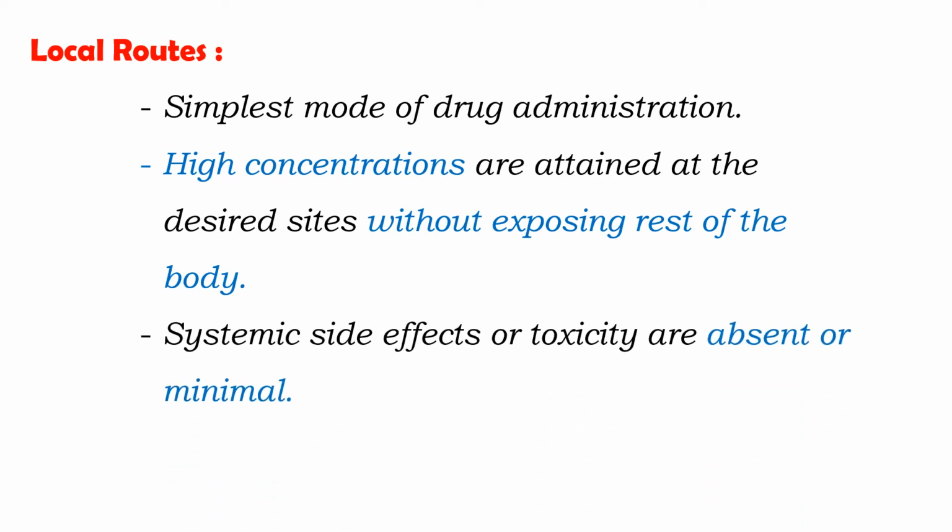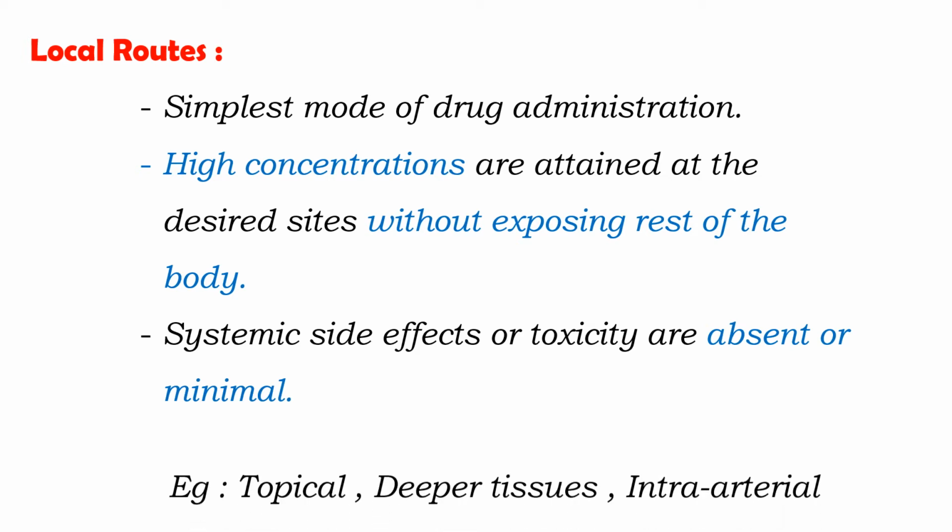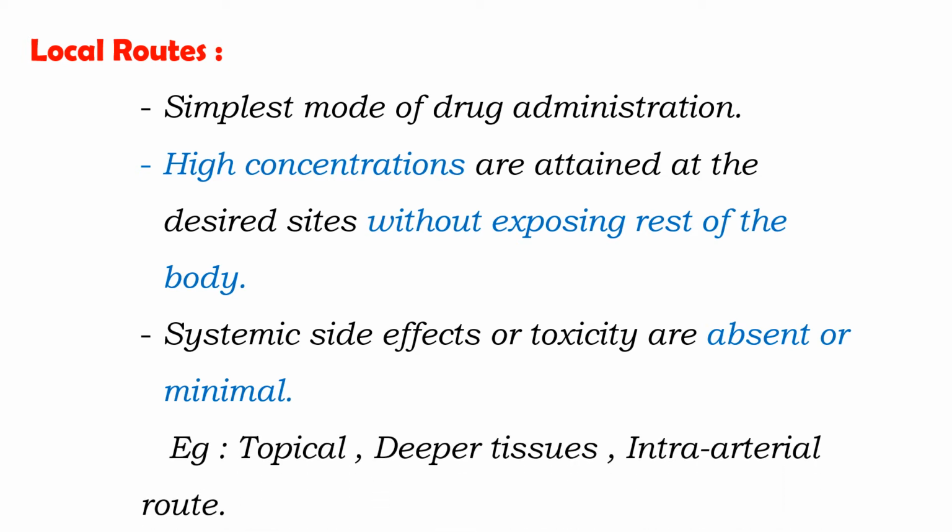Systemic side effects or toxicity are absent or minimal. Examples: topical solutions like ointments, lotions, deeper tissues, and the intra-arterial route. This intra-arterial route is given in rheumatic arthritis, where intra-joint injections will be given.